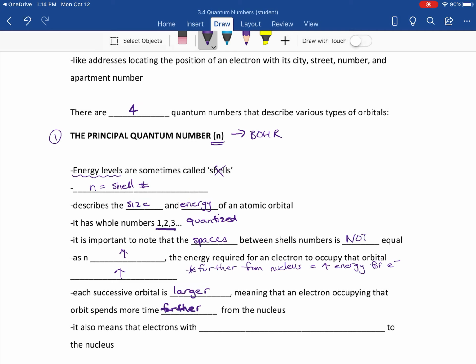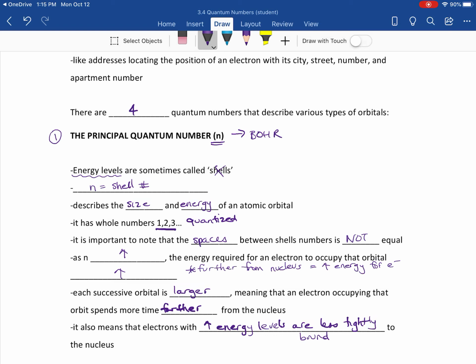And it also means that electrons with higher energy levels are less tightly bound to the nucleus, which we learnt about in grade 11 with effective nuclear charge. So just to recap one more time, the further you go from the nucleus, the higher the energy level. The higher the energy level, the more energy that electron has because it's farther from the nucleus and it's not being held, so it can go faster.